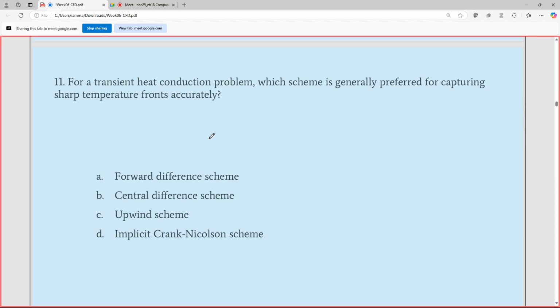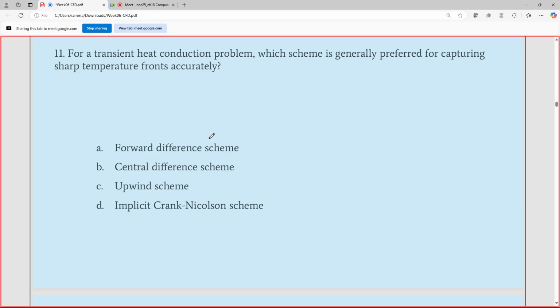Moving on to next question. For a transient heat conduction problem, which scheme is generally preferred for capturing the sharp temperature fronts accurately?